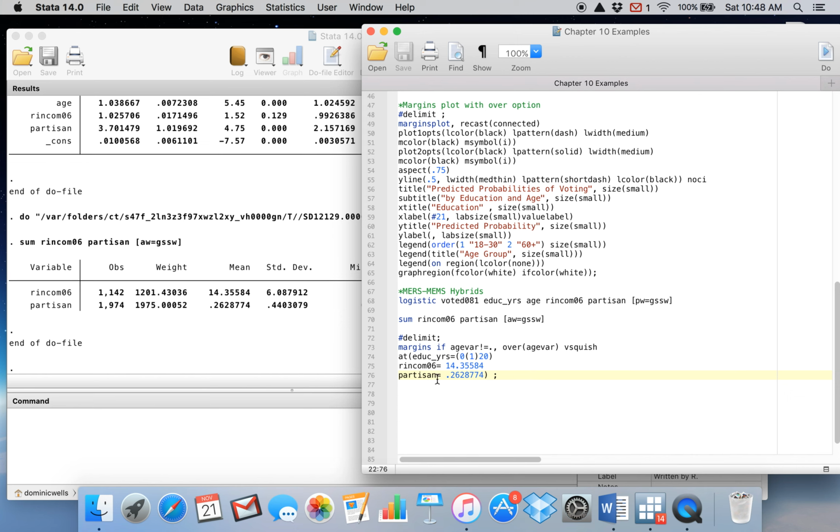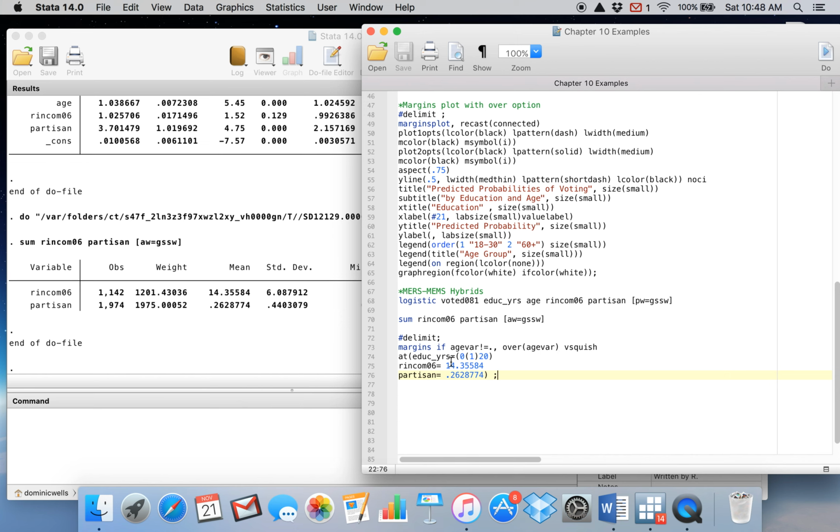As you can see, delimit, make sure you put the semicolon at the beginning and the end. Margins if our age variable that we created is not missing, so the exclamation point means is not, doesn't mean you're excited. And then we're using the over option again with the age variable.